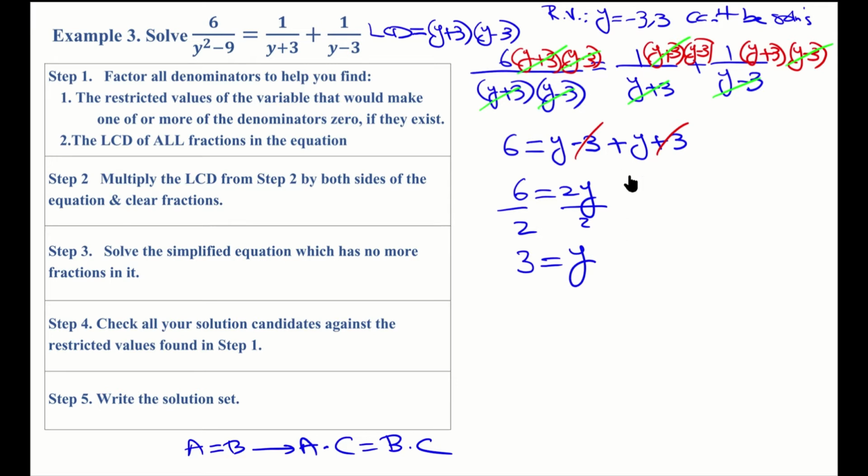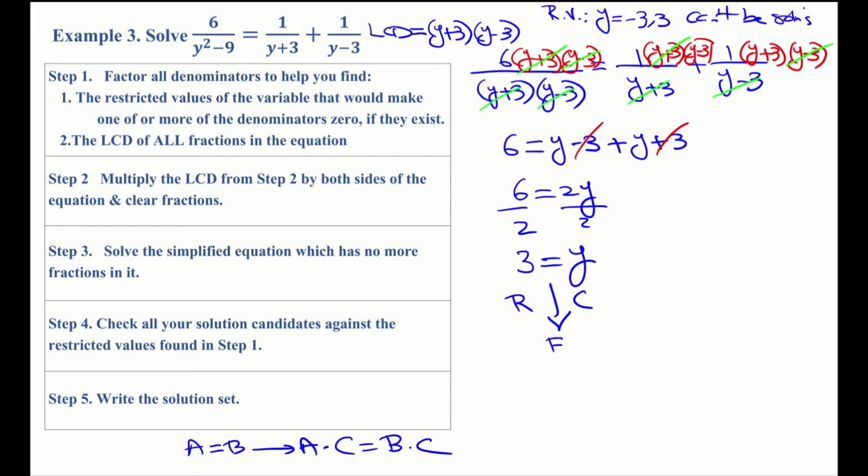So we have a solution candidate, which means it needs to be run through the restriction check. Remember, the restricted values of y, -3 and 3, cannot be solutions. So look, we only have one solution candidate, and that solution candidate can't be a solution. It fails the restriction check.